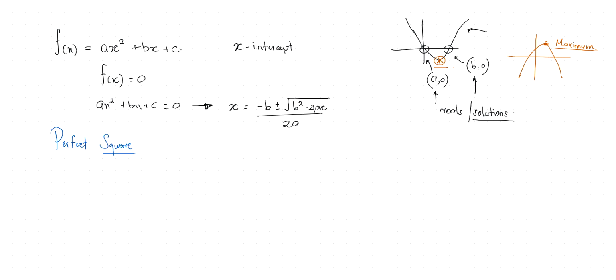Let's take a simple example, f(x) equals x squared plus 4x plus 4. We have to make it a perfect square. We know that if we expand (x plus 2) whole squared, we get x squared plus 2 times 2x plus 4, which is x squared plus 4x plus 4, the function that we have.